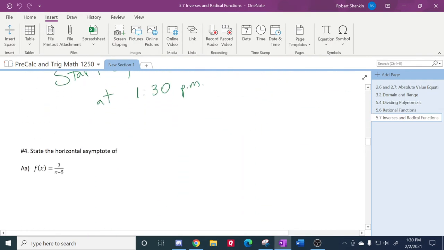And so look at this one right here. Answer that question. So state the horizontal asymptote of this function. And it's really the answer to the question. I'll give you a quick minute.